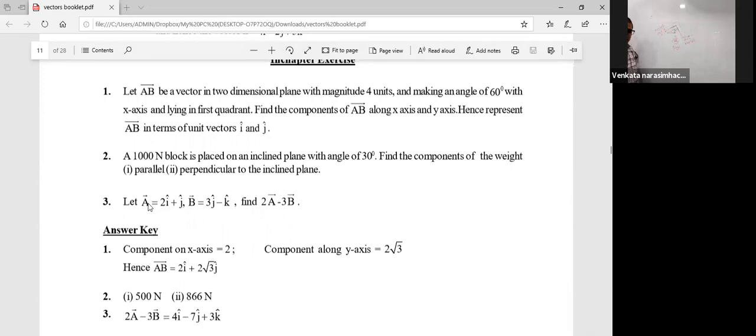Third question will not be difficult for you people. Am I right? Multiply the vector A with 2, multiply the vector B with 3, subtract them.